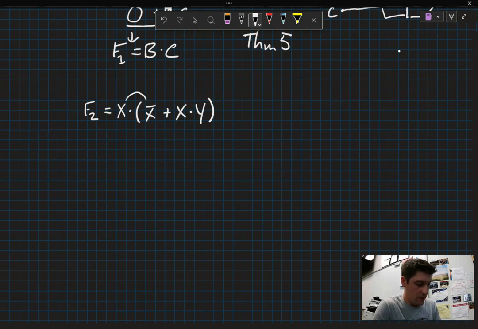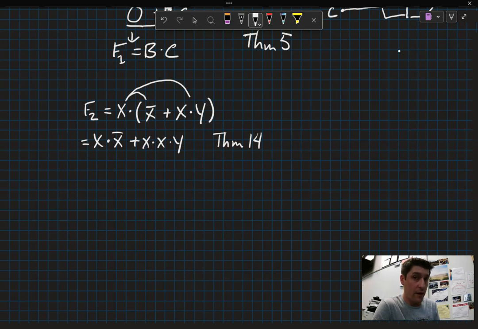So let's go ahead and do that. This will go with this, and this will go with this. I'll write theorem 14 here. So this becomes x and x not. That's the first distribution. Or x and y.